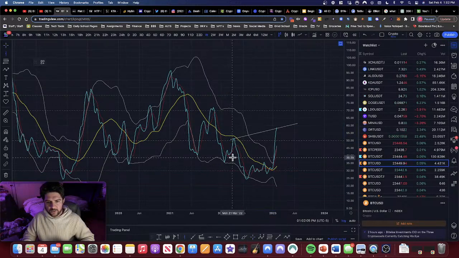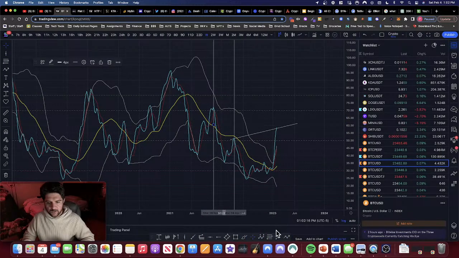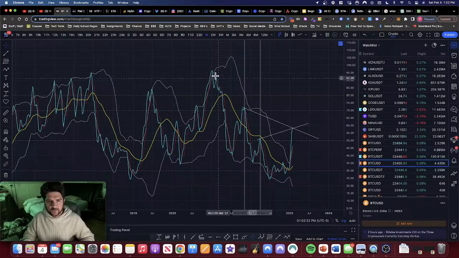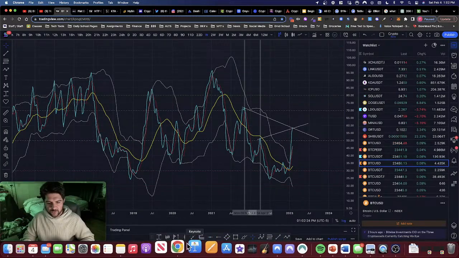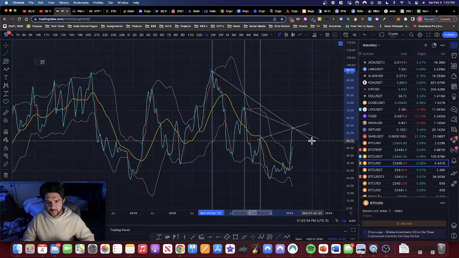All right, let's mark that off. On your weekly, here's another peak. Here's another peak. And you have lower highs in your price action. Even from this peak here, we'll do that for kicks and giggles, to our current state at the moment.